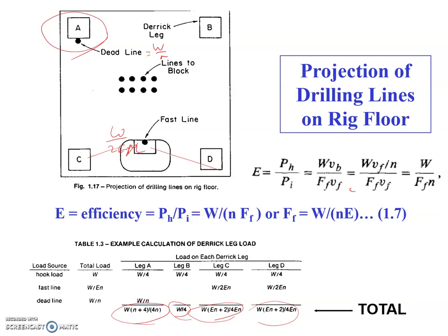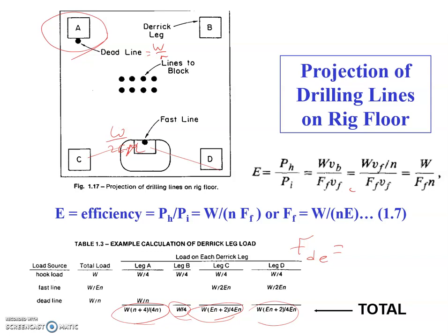Okay, and since if any leg fails, the entire derrick also fails, they define a force which is called the maximum equivalent derrick load. They call it FDE.